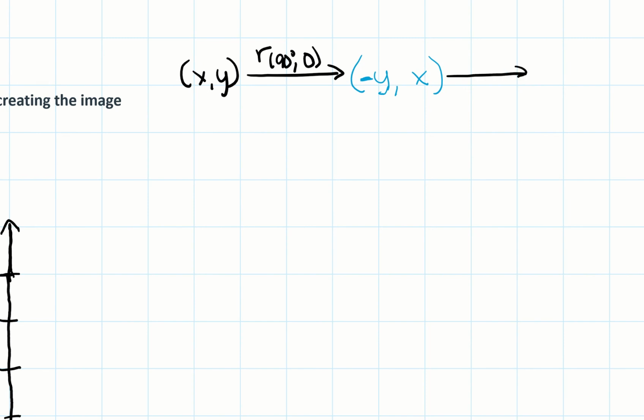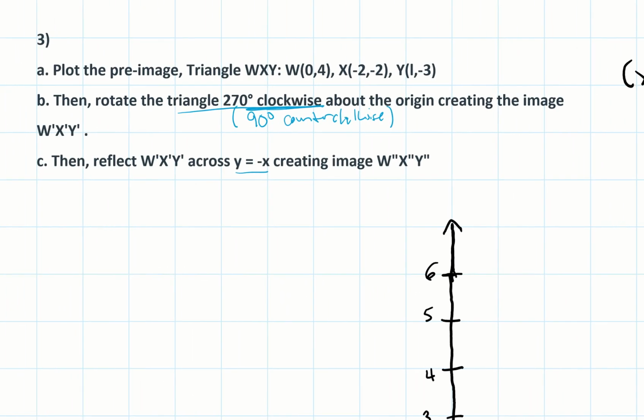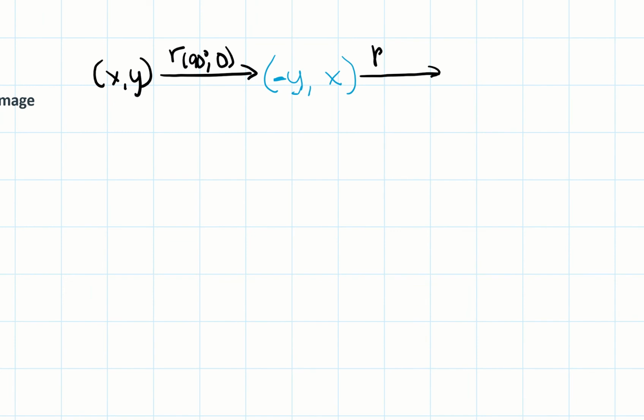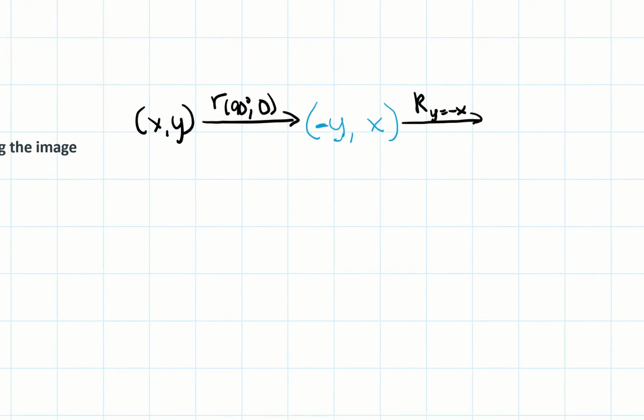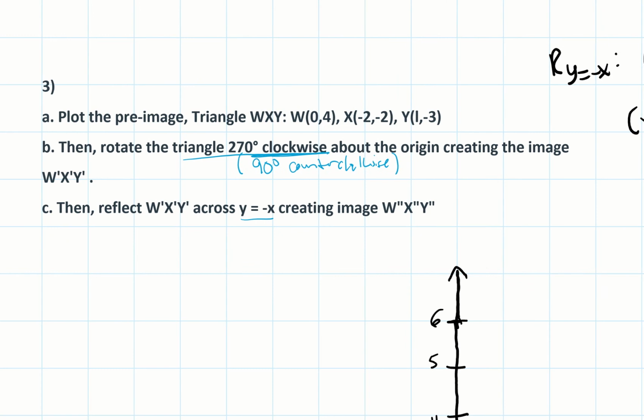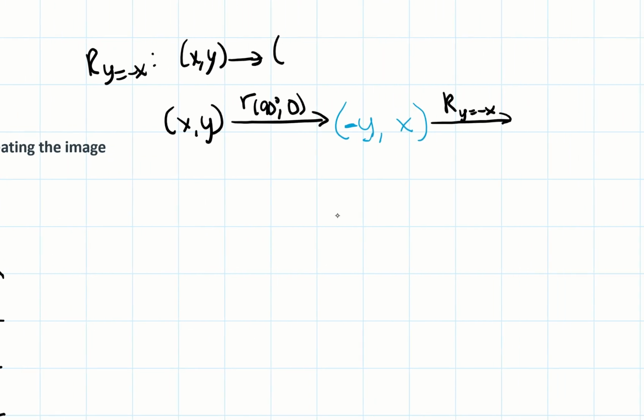The second rule, we're doing a reflection across y equals negative x. That gives us our red point. Remember that the rule for this reflection is that you take (x, y), switch y and x, and then they both are negative.